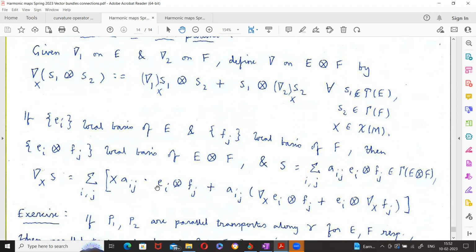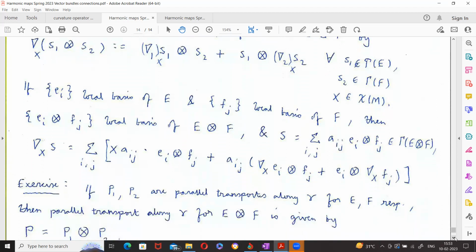So I'll have x Aij into EI tensor Fj, plus the second part, Aij into nabla x EI tensor Fj plus EI tensor nabla x Fj. So you can take this formula as the definition of the connection on the tensor product bundle. And then you check that it satisfies the Leibniz rule. It defines a connection. Okay.